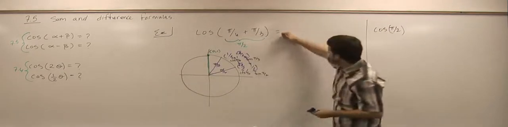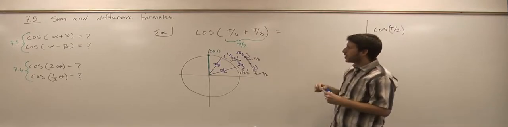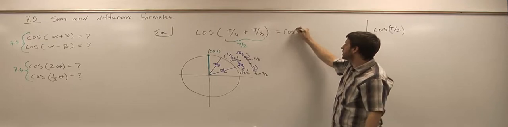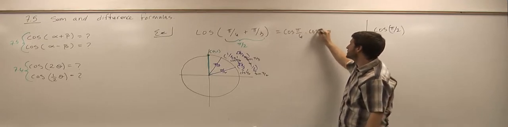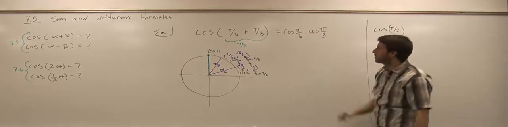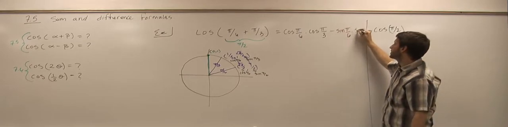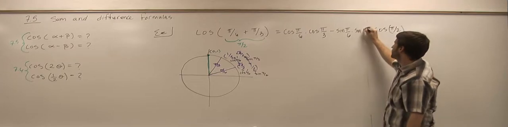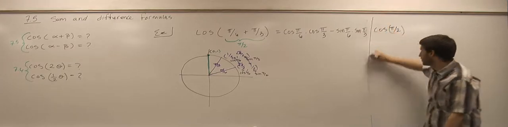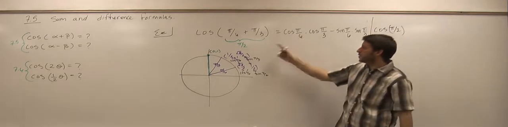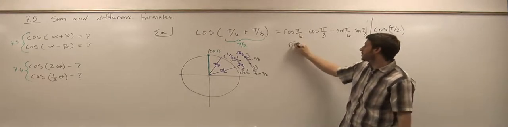So actually, the way the formula works for cosine of a sum is you take cosine of the first number times cosine of the second number, minus sine of the first number times sine of the second number. This would give you root 3 over 2 times 1/2.